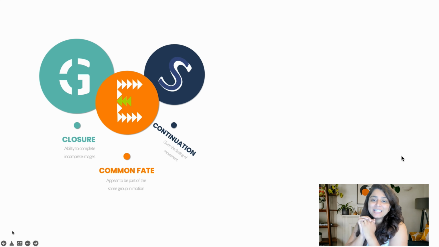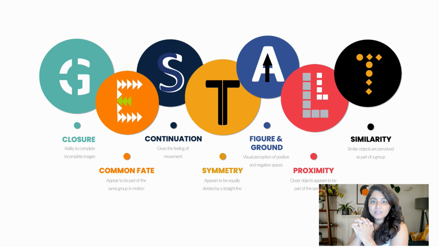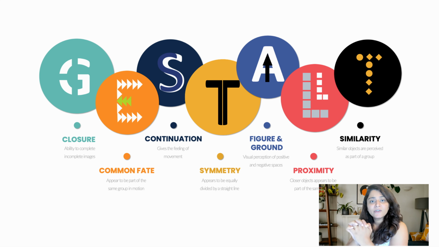Let's quickly do a recap of what we learned in this video. We learned about the 7 basic principles of Gestalt, which are closure, common fate, continuity, symmetry, figure and ground, proximity, and similarity. Each and every one of these principles is an example of how your brain perceives various things, and it's almost like every other human brain perceives it in the same way.